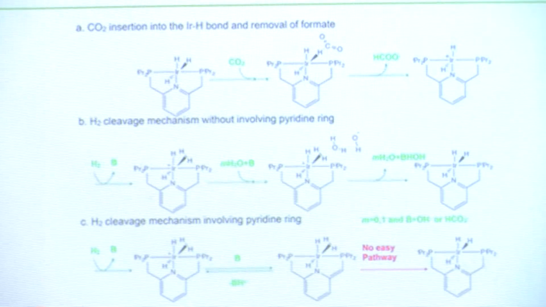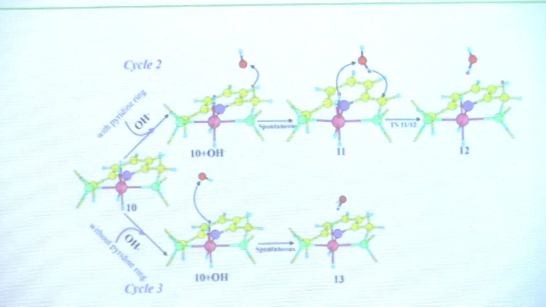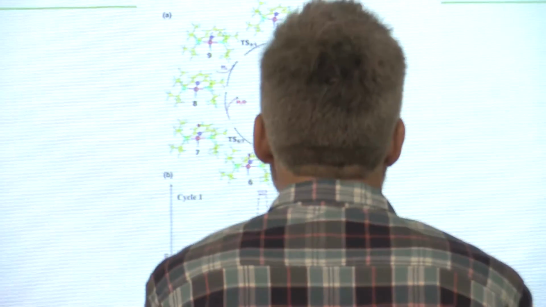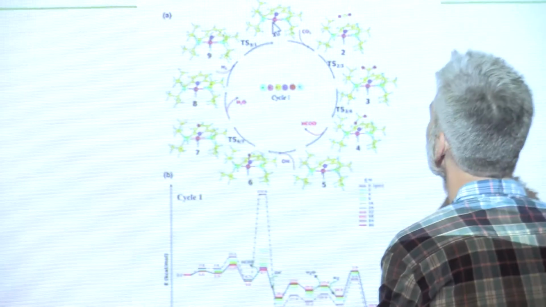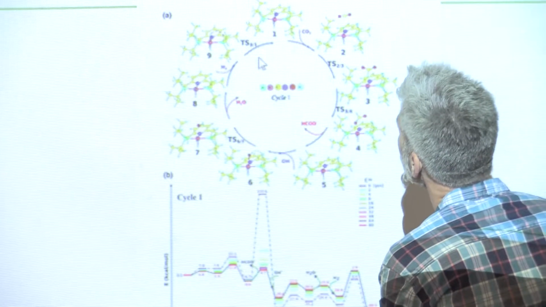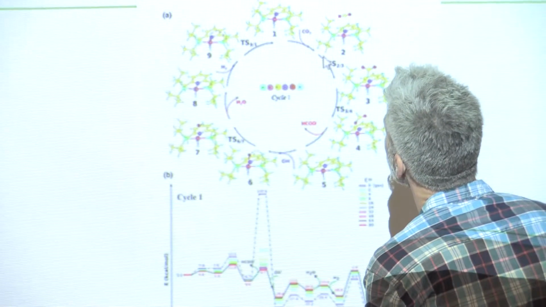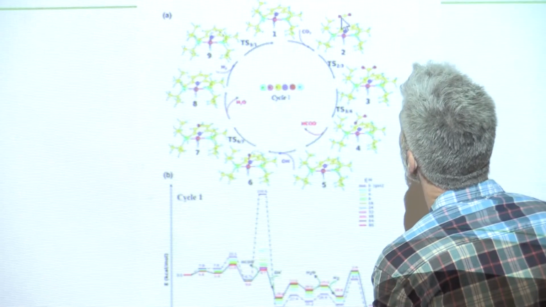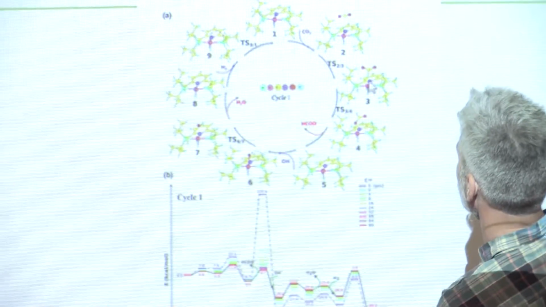I guess I'll go back to the first one of those. So what are we looking at? I thought it was going to be a lot bigger and less blurry. This is just the catalytic cycle. Number 1 is your Ir-3, and then you add your CO2, which attaches here.